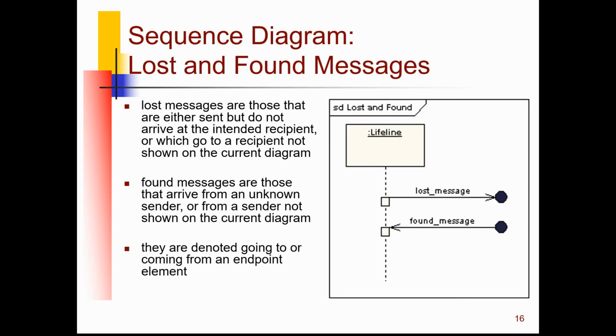Lost and found. The lost message means this message doesn't have a specific receiver, and the found message shows that this message doesn't have a specific sender, or unknown sender. So if the sender or receiver is not clear, then in the sequence diagram, the message can be lost and found.